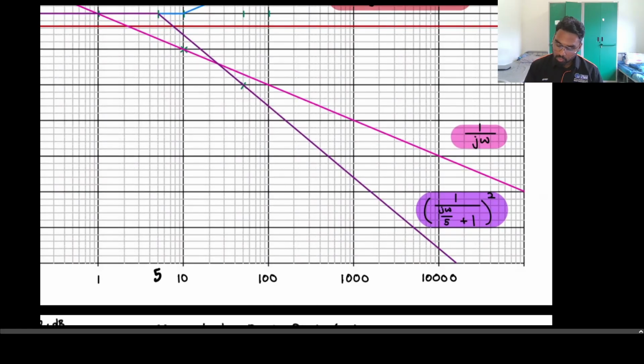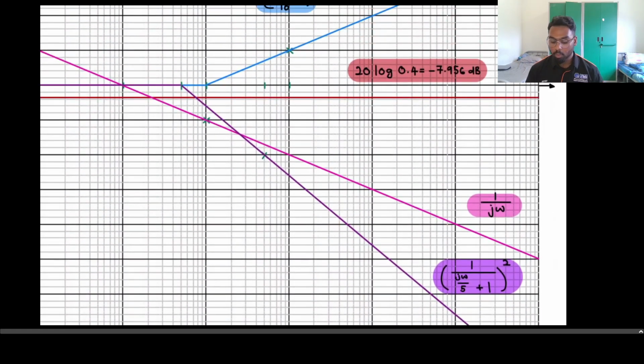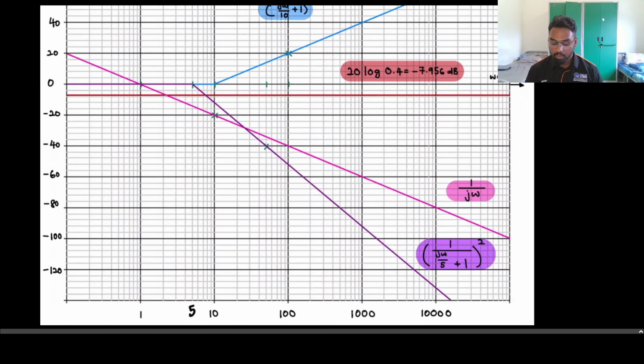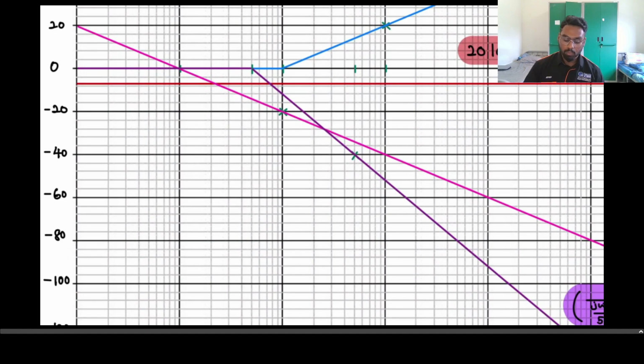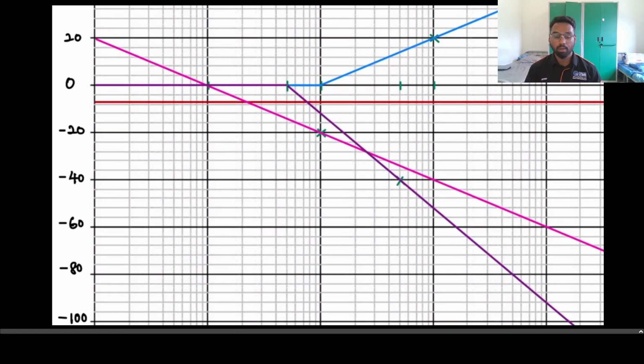But we shouldn't forget the power of 2. If it's a power of 2, we are going to multiply the decrement by 2. Whatever the power number is, we are going to multiply the decibel. The decade, which is the omega radian per second, will not change because it is a constant variable. The decibel will change, and we will have a decrement of negative 40 now over 1 decade.